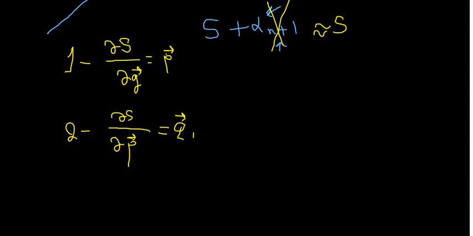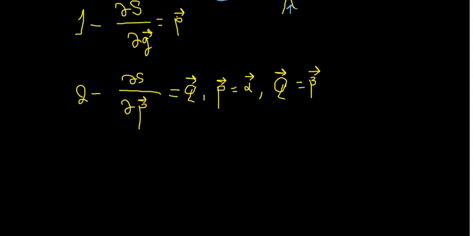But as we've said, this p capital is actually a constant vector. It's equal to the vector alpha. And in the same way, this q capital vector is a constant vector. It's equal to the vector beta. So that means we can rewrite this second equation in a different form: we take each p and put alpha, so partial s partial alpha equals beta, and that's the second equation.